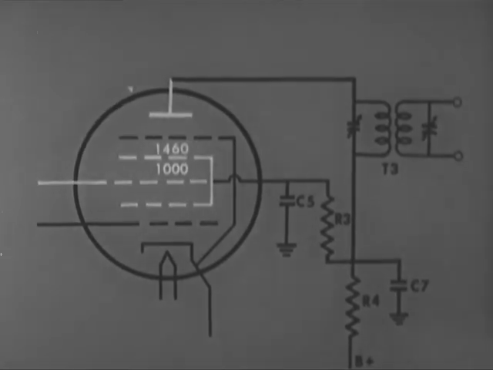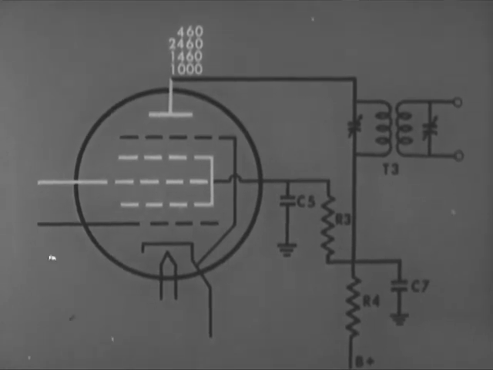The difference between the two, which is 460 kilocycles, the sum of the two, which is 2460 kilocycles, and the two original signals, 1460 and 1000 kilocycles. Each of these frequencies contains the message modulation, which was present on our carrier signal. 3 of these signals are not required in the next stage.